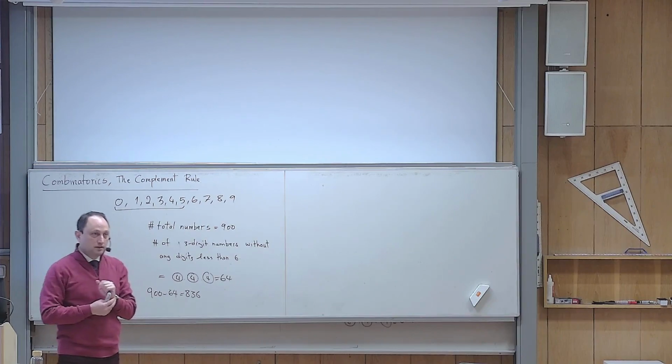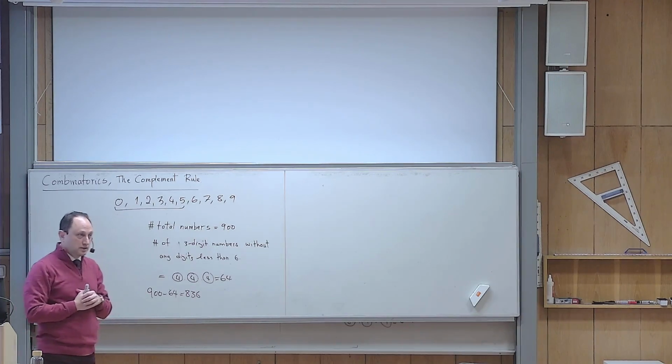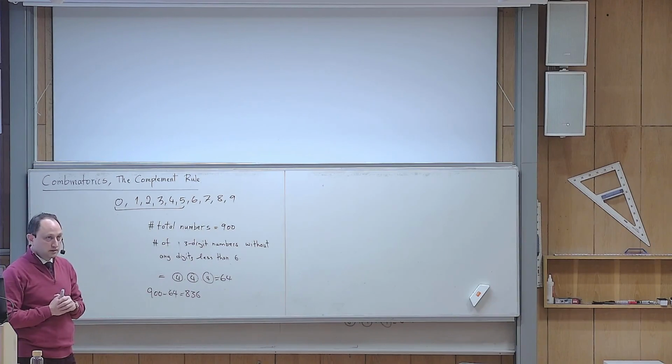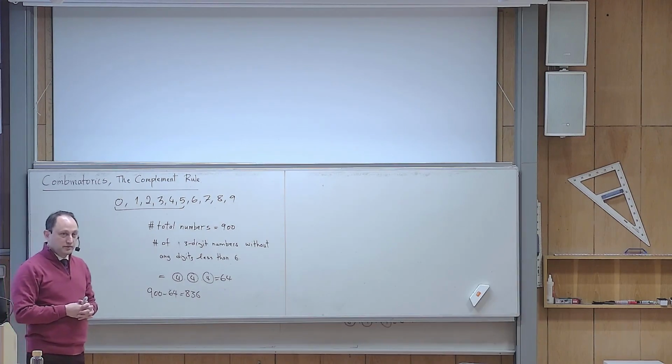No, it doesn't help, because I want to have exactly 1 digit less than 6. So how should I divide the problem, but into the minimum number of divisions?